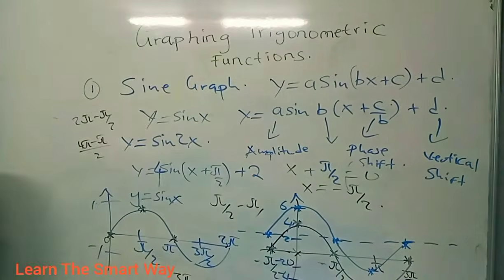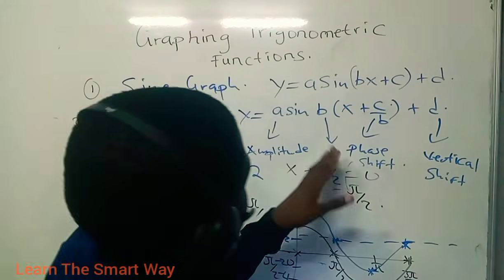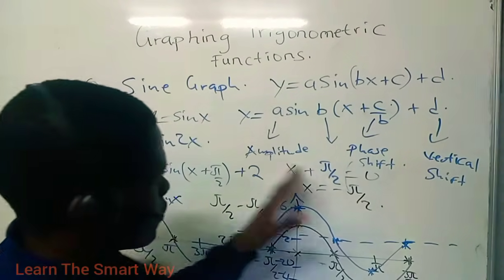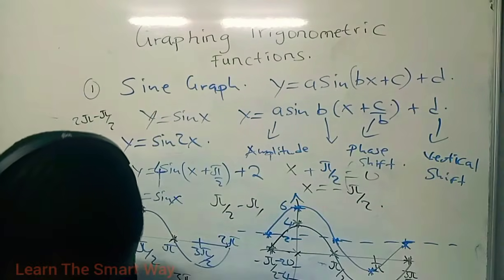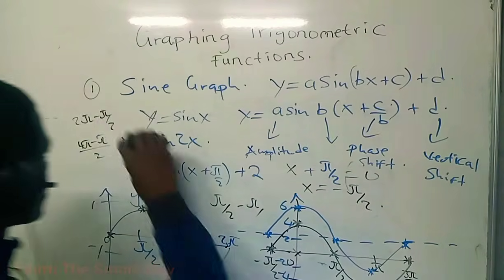Okay. So I believe we've already covered the effects of all these, the amplitude, the phase shift, and the vertical shift. Let me just try to talk about the negative sine function.